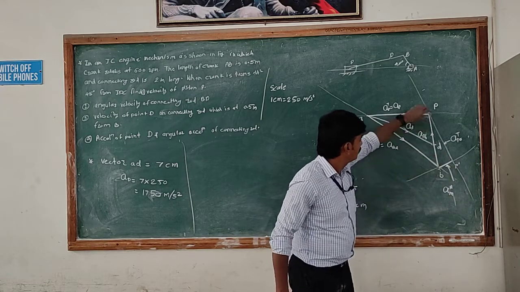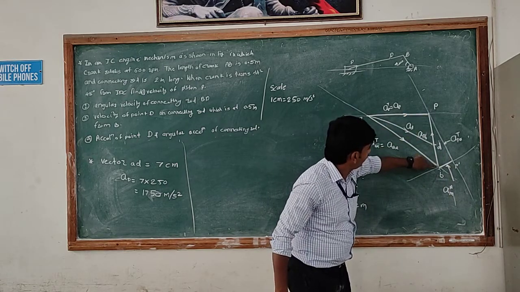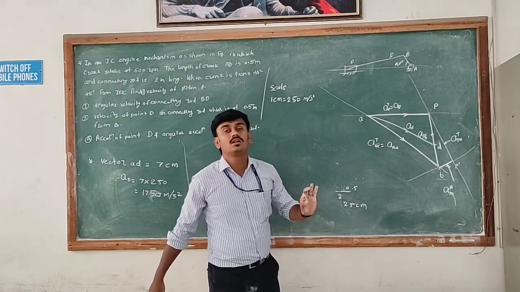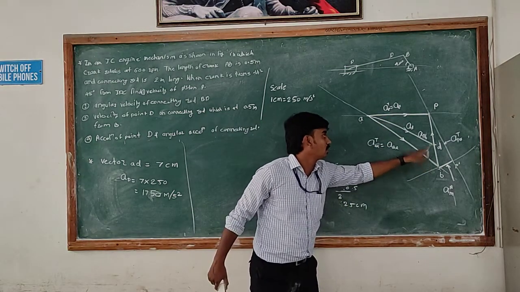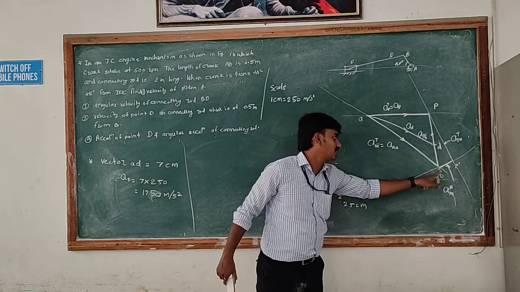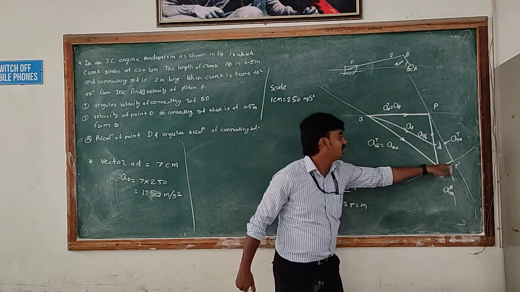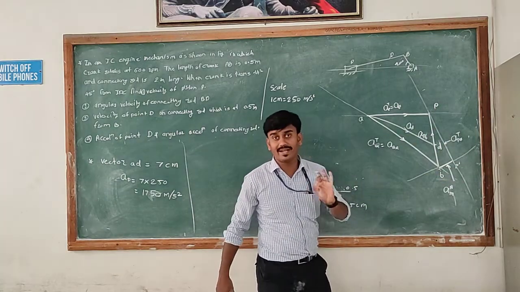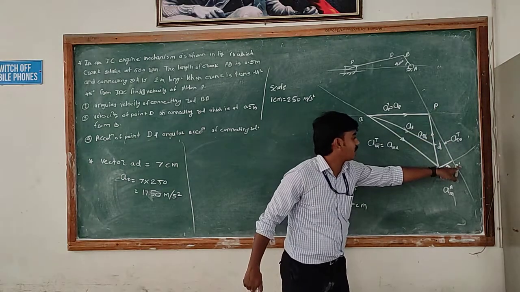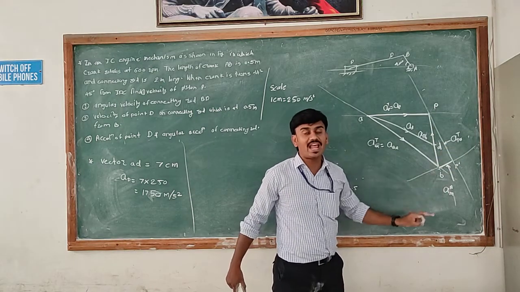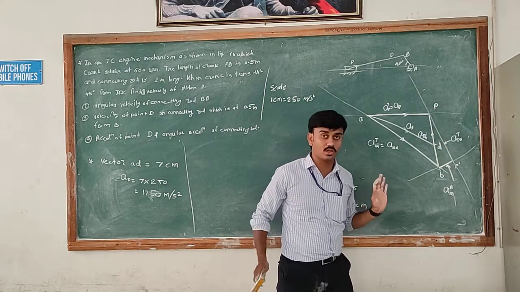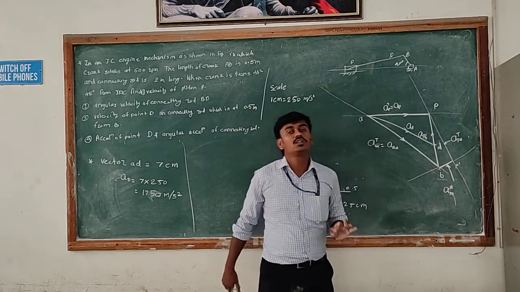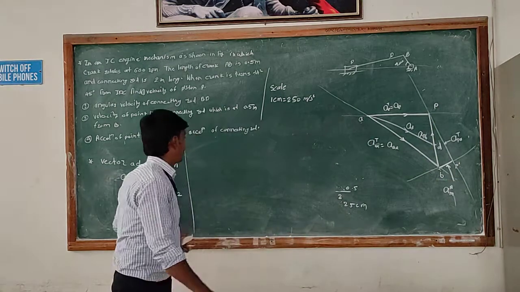See here, this vector, that is the BP vector, shows the overall acceleration of the point P with respect to B. The vector P to P dash will show the tangential acceleration of the connecting rod.